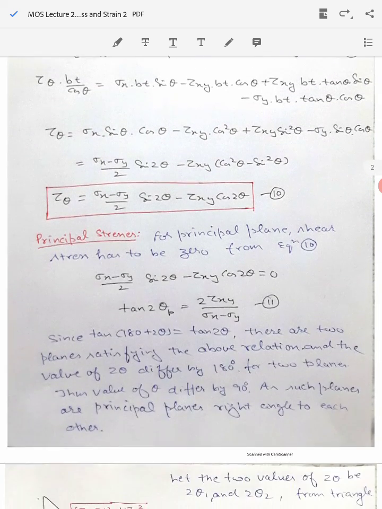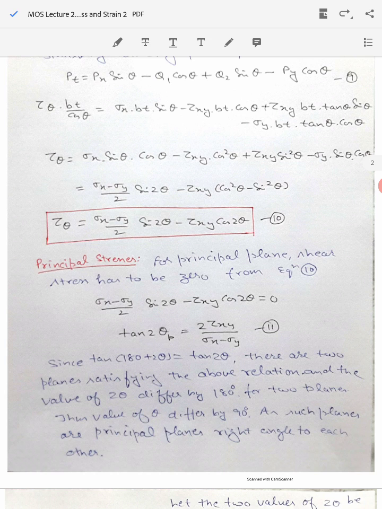Now we need to find the value of the principal stresses, and principal stresses act on the principal planes, and we have defined the principal planes as those planes where the shear stresses are 0. So in order to find the location of the principal stress, let's equate equation 10 to 0 so that we can find the angle at which our principal plane lies.